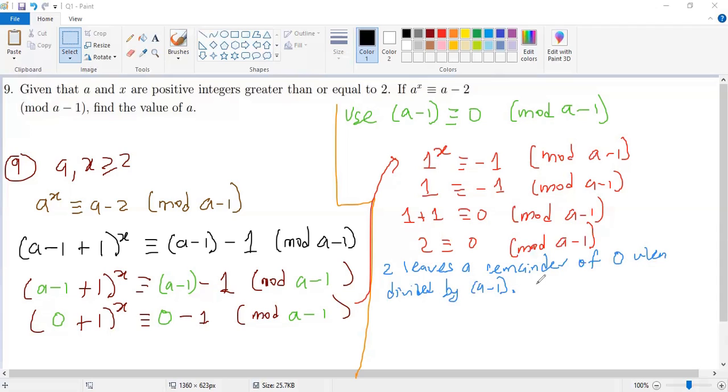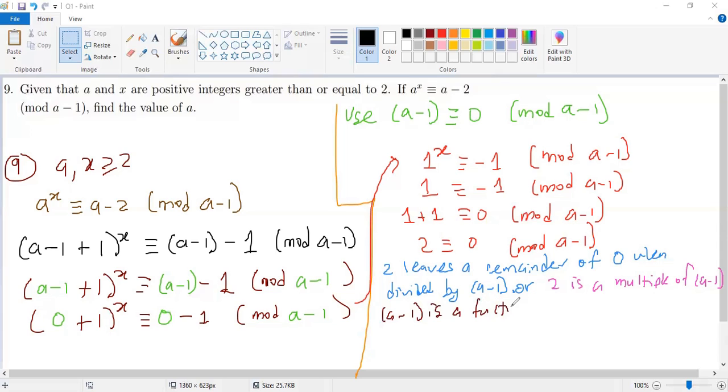That means 2 is a multiple of a minus 1, not the other way around. Another way to say it in reverse: a minus 1 is a factor of 2.